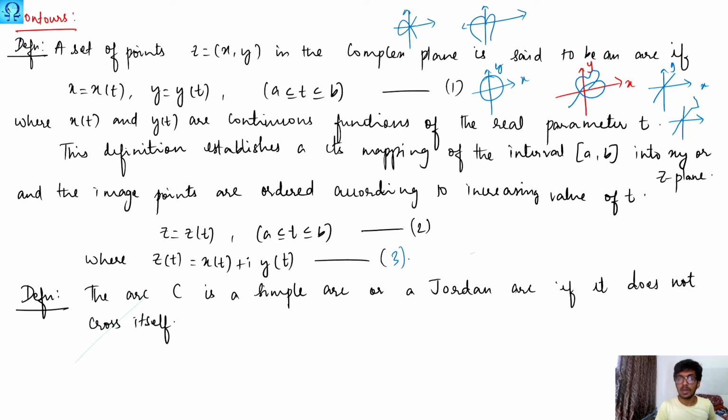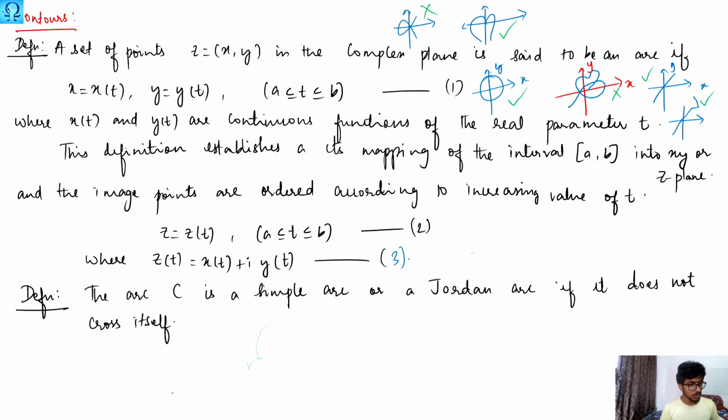Here you have a cut, which means they are intersecting. The curve intersects itself, so this cannot be a simple arc or Jordan arc. Jordan arc is another name for the simple arc. Here there is no cut by itself, so it is a simple arc. Similarly, here also there is no cutting. This is not a simple arc since it intersects at two different points. This is an example of a simple arc, and this is also an example of a simple arc.